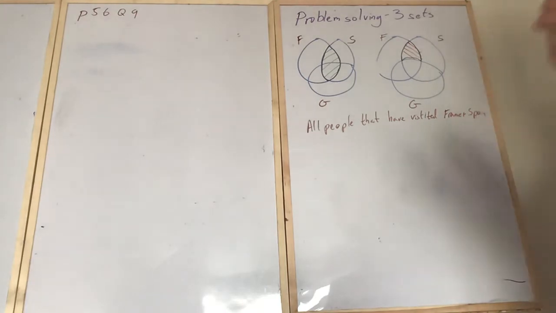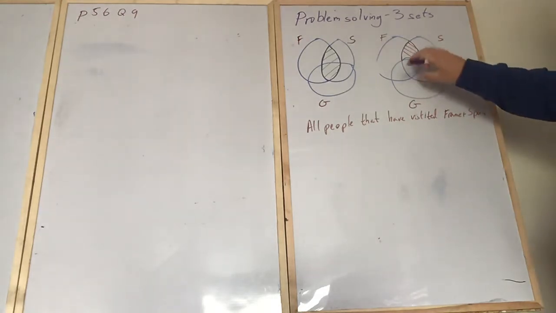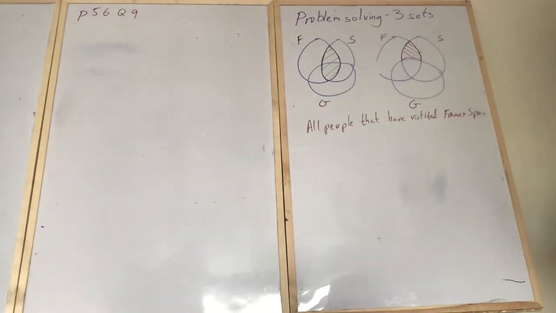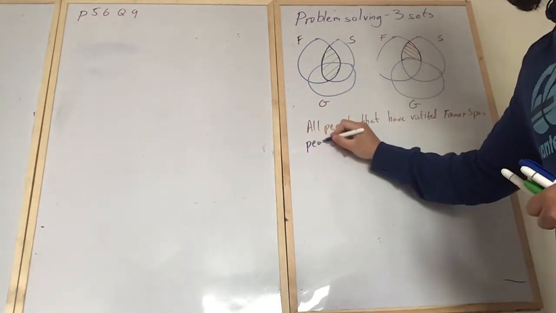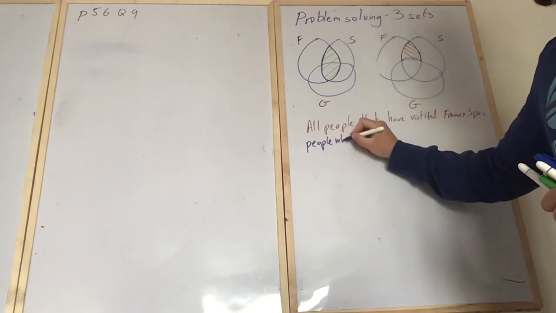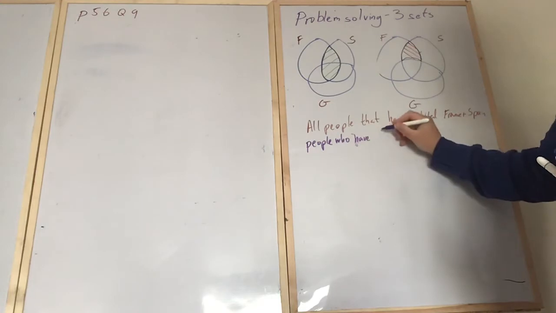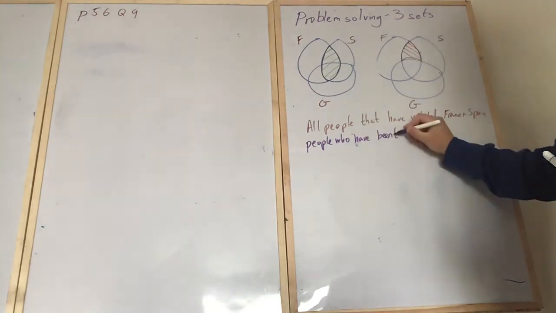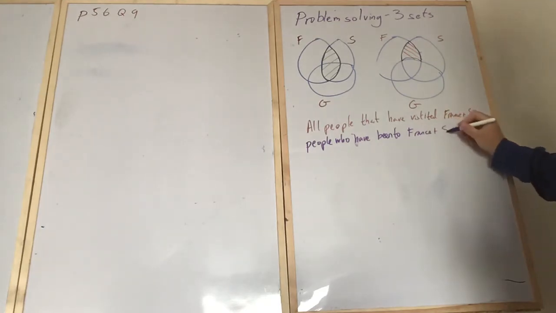Whereas here, the top region, we know it's not the same because we haven't shaded in where the three sets intersect. This is people who have been to France plus Spain.